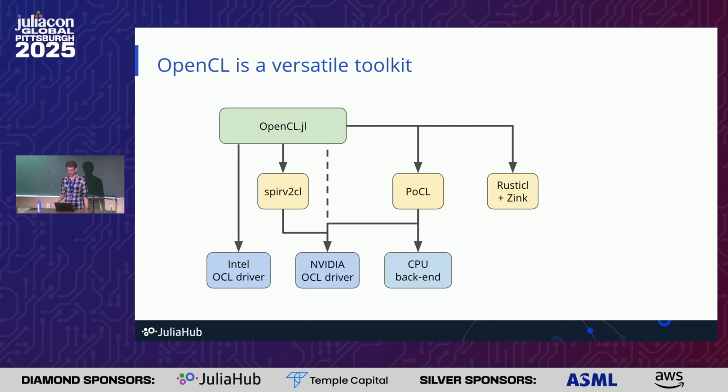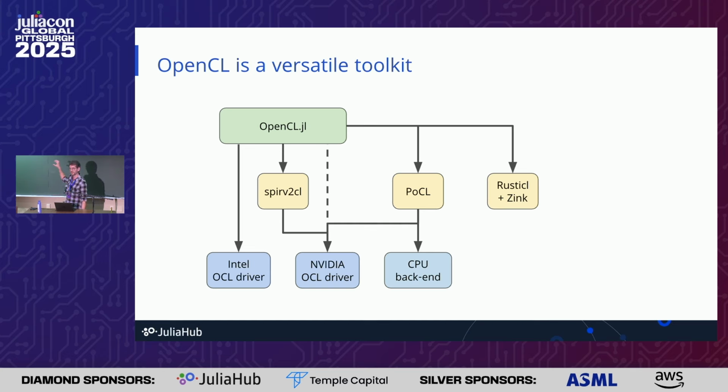There's other interesting drivers. For example, there's Rusticl. Rusticl is an OpenCL implementation that's open source and is part of the Mesa open source graphics library. Rusticl is an OpenCL driver and it runs on Gallium drivers. Gallium drivers are the drivers that are internal to the Mesa project.